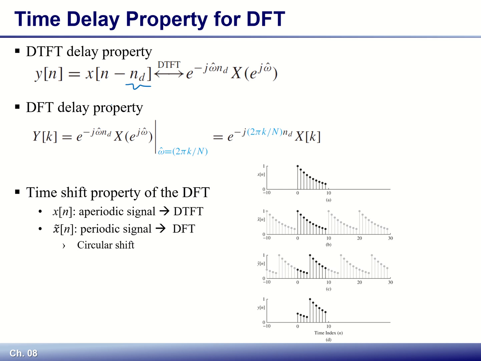Similarly, the DFT has a delay property. So here, if time is delayed by n_d, we can put the same factor here, and instead of omega hat, we put omega k as 2 pi k over N. So we will have 2 pi k over N.